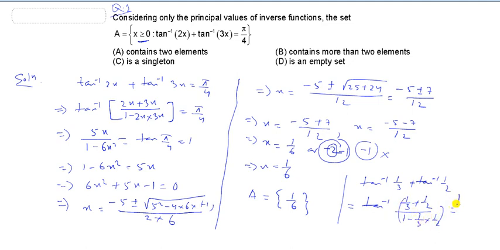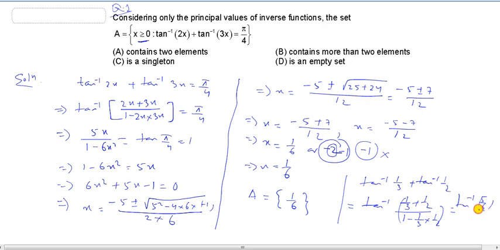So this is tan inverse of 5 by 6 divided by 5 by 6, which is equal to tan inverse 1, which is equal to pi by 4. So this is satisfying, hence the value is 1 by 6, and this option will be the correct option because this is a singleton set.